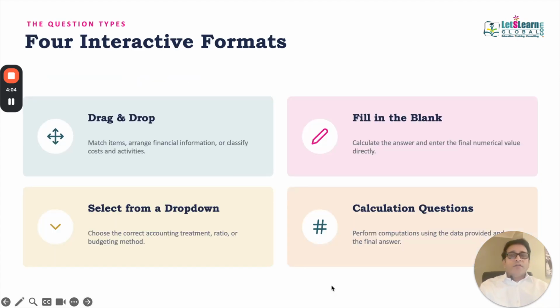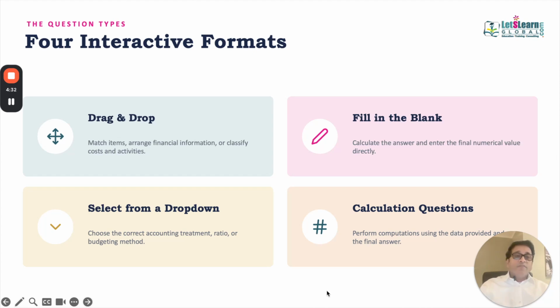So what are the different patterns you will get in each CBQ? You will have drag and drop. You will be having a set of answers. You need to drag them and put them under the correct question. Then we'll have fill in the blanks, where you may have theory questions or calculation-based questions.